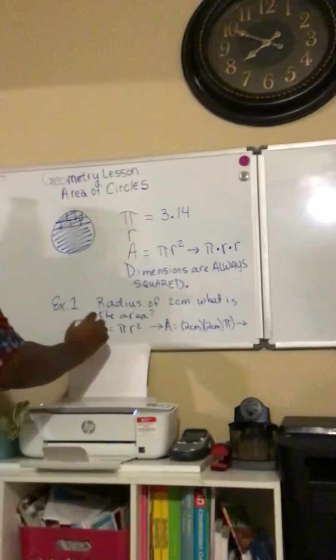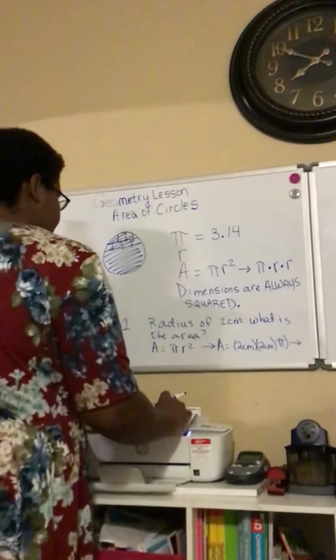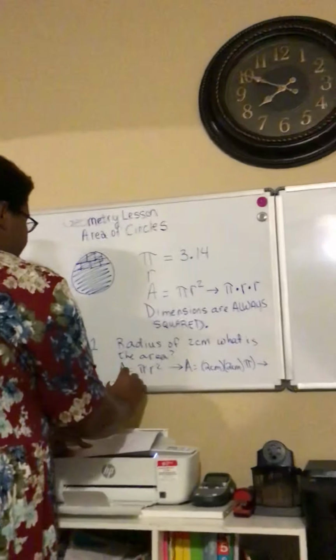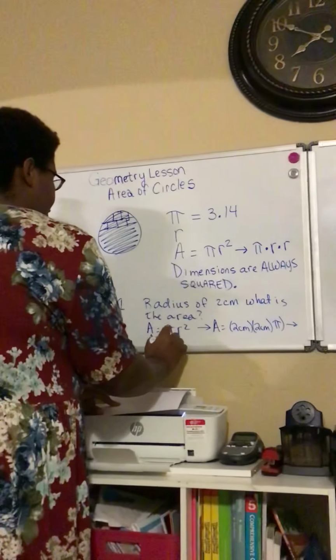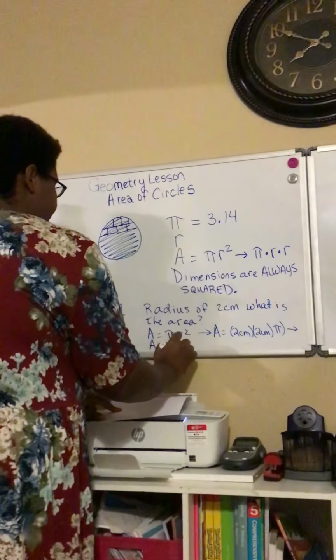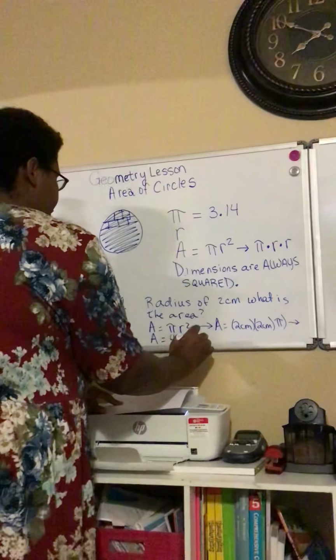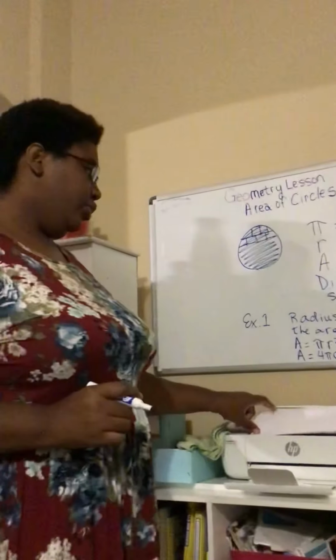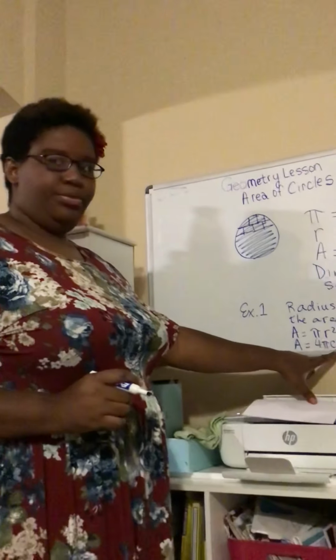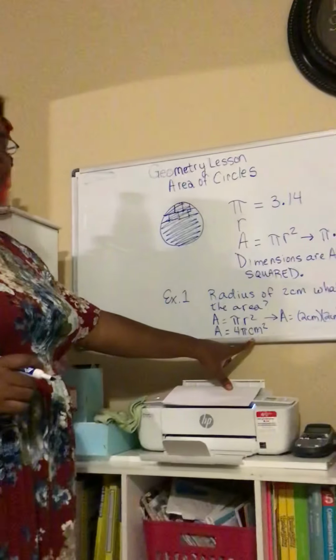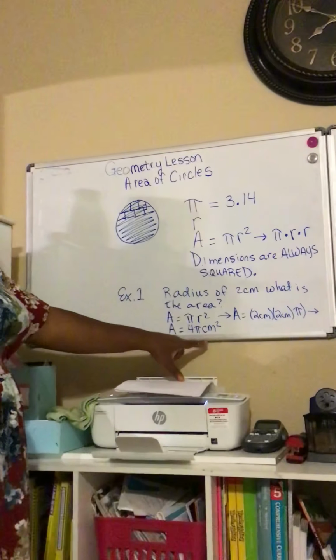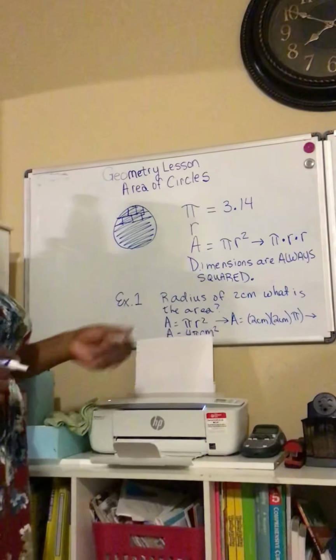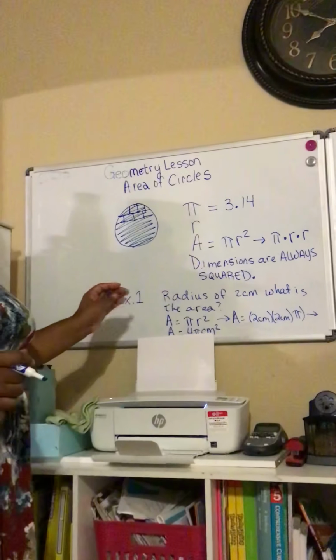This works out to be area is equal to 4 pi centimeters, and notice this is squared. Okay, so our units are squared. Always pay attention to that. Now that's pretty much how we do area.